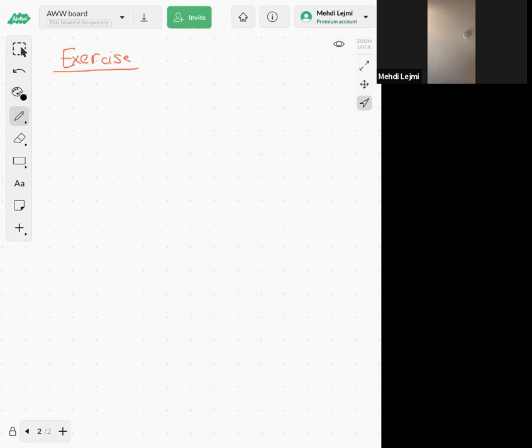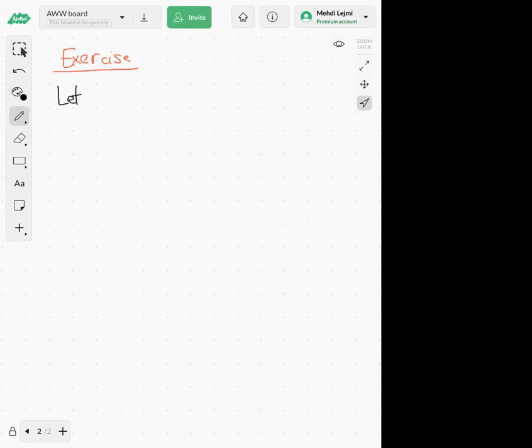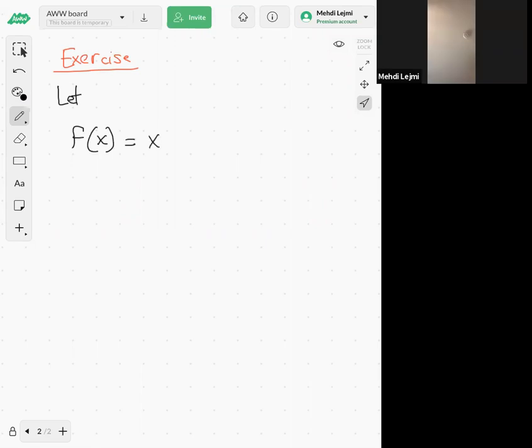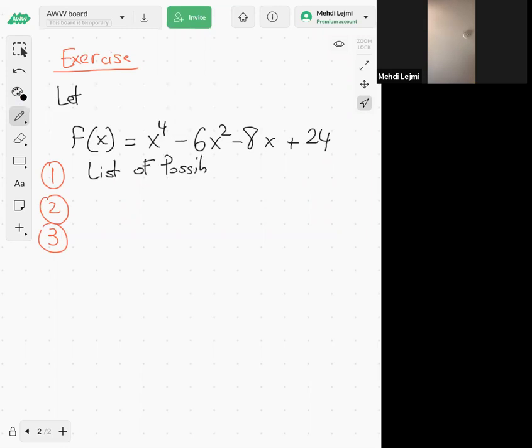Now, let's say f of x is a polynomial of degree 4. So f of x is x fourth minus 6x squared minus 8x plus 24. Same questions. Find the list of possible rational zeros.